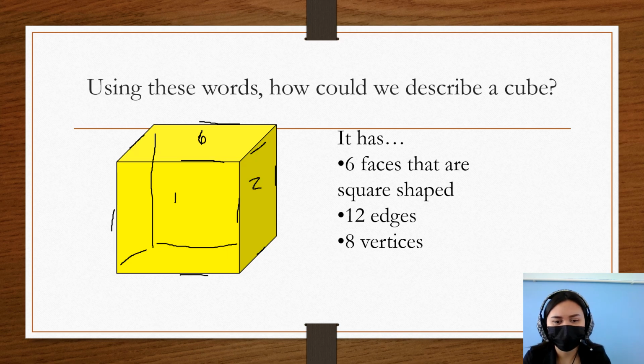And the vertices, let's count the vertices. 1, 2, 3, 4, 5, 6, 7, 8. Correct. It has 8 vertices.